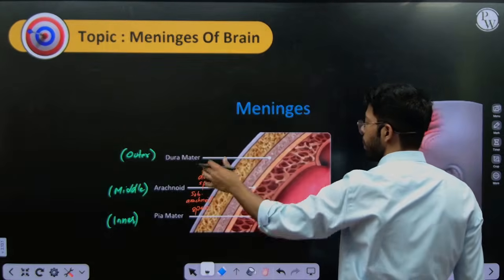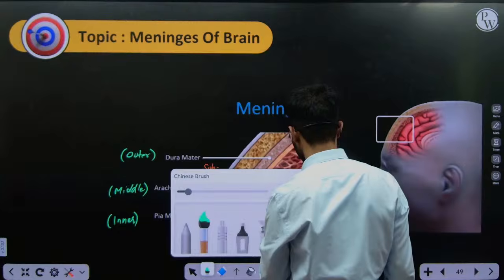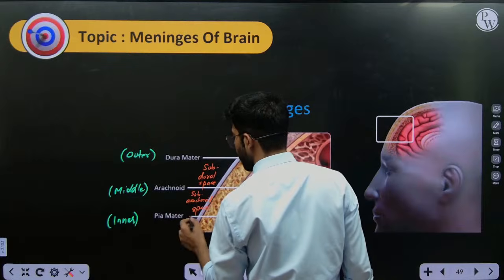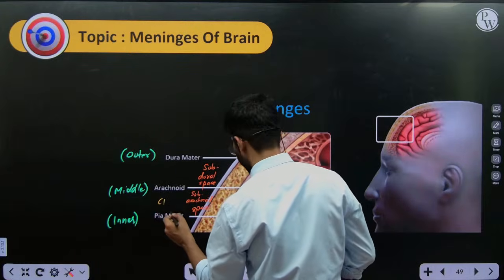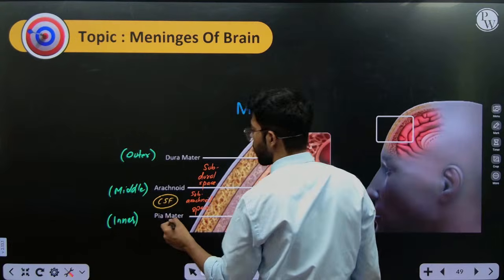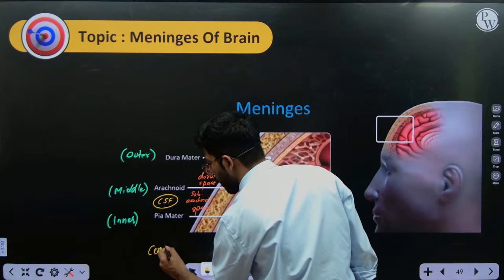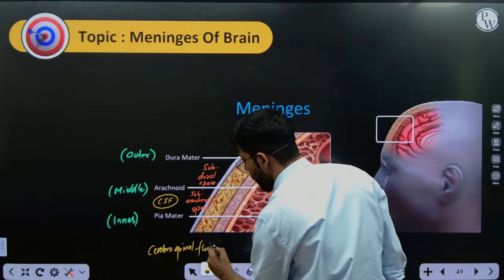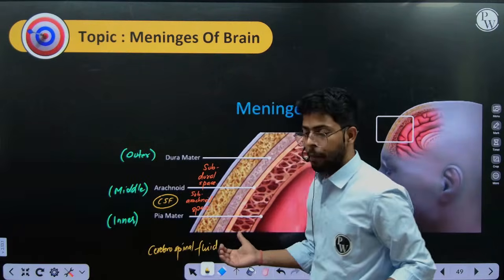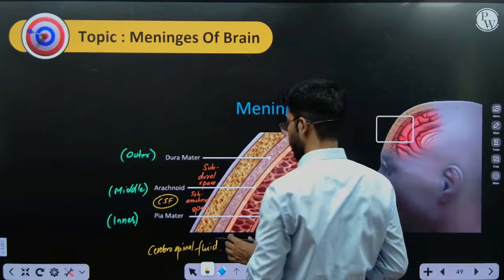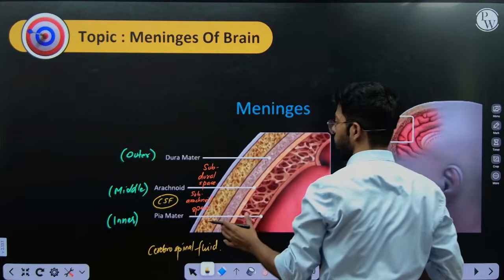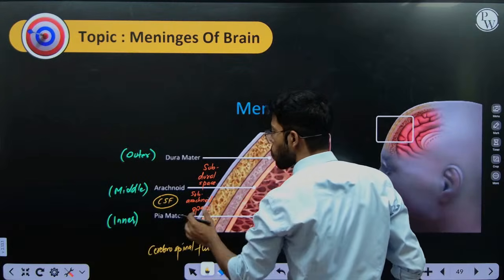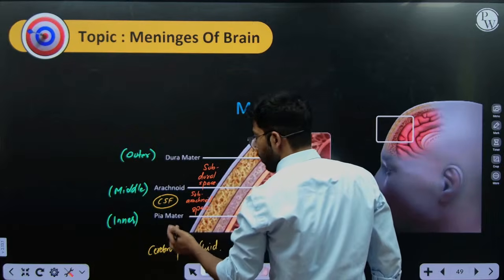And these spaces are not empty, they are filled with fluid. For example, the subarachnoid space is filled with the CSF, and CSF is the cerebrospinal fluid, which provides buoyancy to our brain, and it acts as the excretory site for the brain also. It excretes waste material into the CSF.